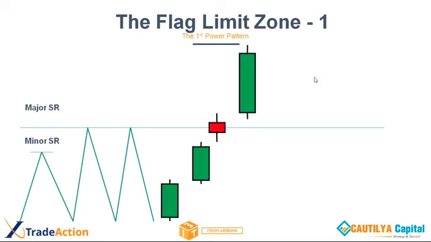There are 3 things here. Number 1, price approached the SR line with lot of momentum. Price formed a base at the SR line and price left the SR line with lot of momentum.